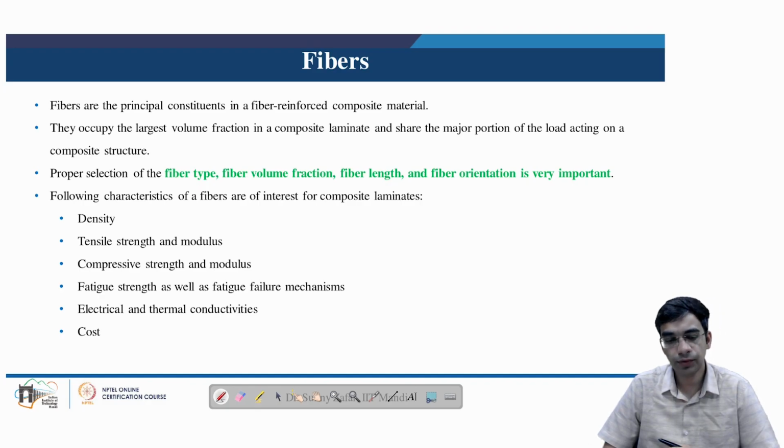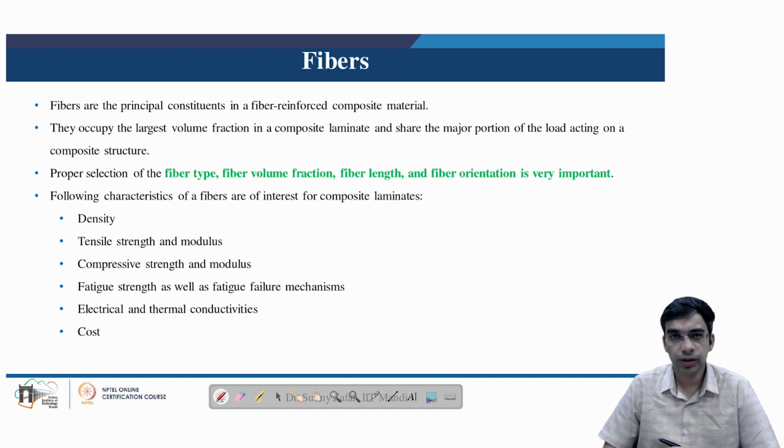Proper selection of fiber types, fiber volume fraction, fiber length, as well as the fiber orientation is very important to decide the properties of the composite components. Following characteristics of fibers are of interest in composite laminates.